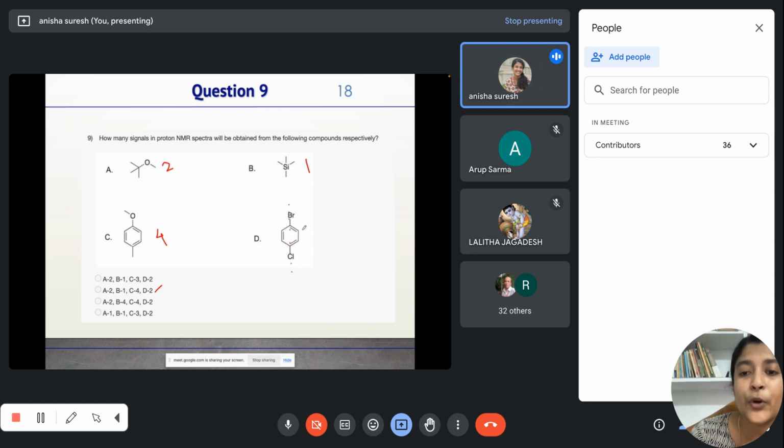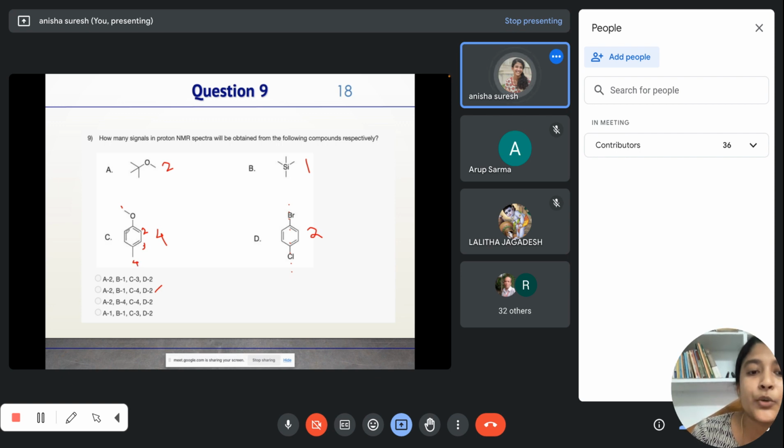these two protons will be in the same chemical environment, so they will show as a single signal, and these two protons will be in a different chemical environment, so they will show a different signal. So there will be two signals. The correct option will be option B, where A has two proton NMR signals and B has one signal in the proton NMR spectrum. C has four, like 1, 2, 3, and 4.